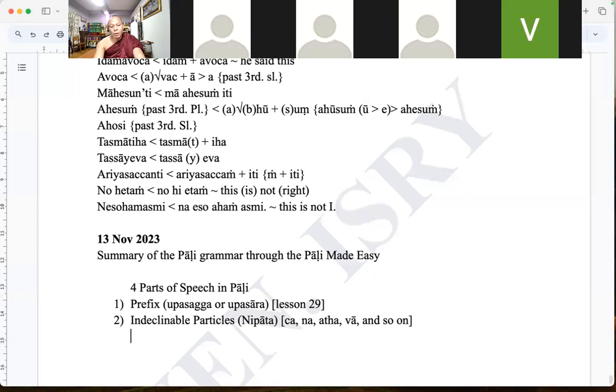before going to the noun, actually we should go to the verb. So actually the verb, or main verb, that is called Akhyata in Pali. So about that, under the Akhyata, we have learned 3 tenses.